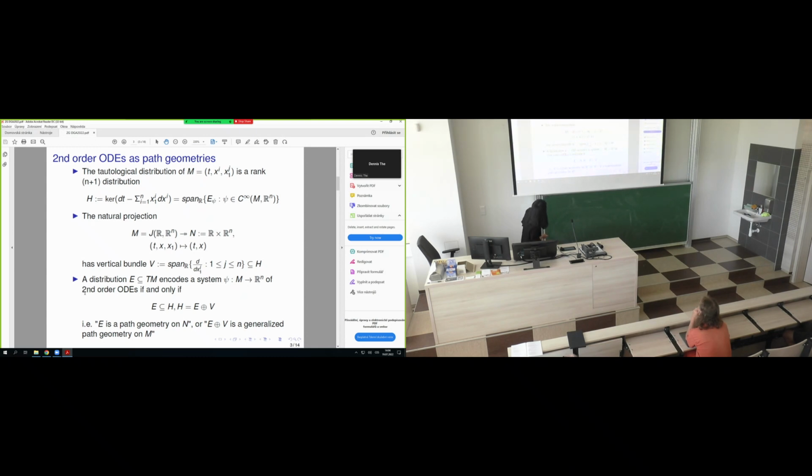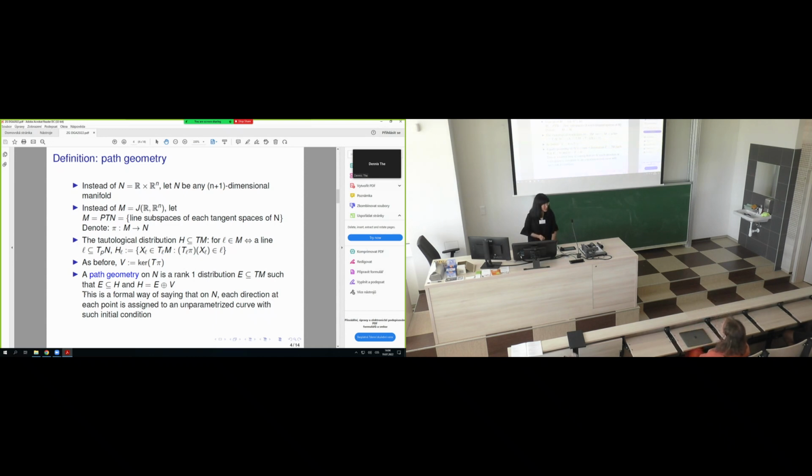And to pass to the general definition of path geometries, we need to forget the coordinates of N. So take N to be any n plus 1 dimensional manifold, and accordingly our one jet space has to be replaced by the projectivized tangent bundle, which is a bundle of lines in tangent spaces of N. And remark that the one jet bundle is an open subset of this projectivized bundle if your N is indeed R times Rn.